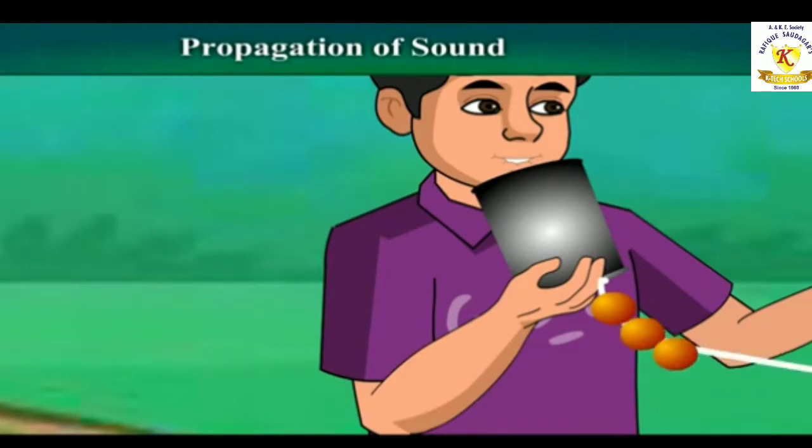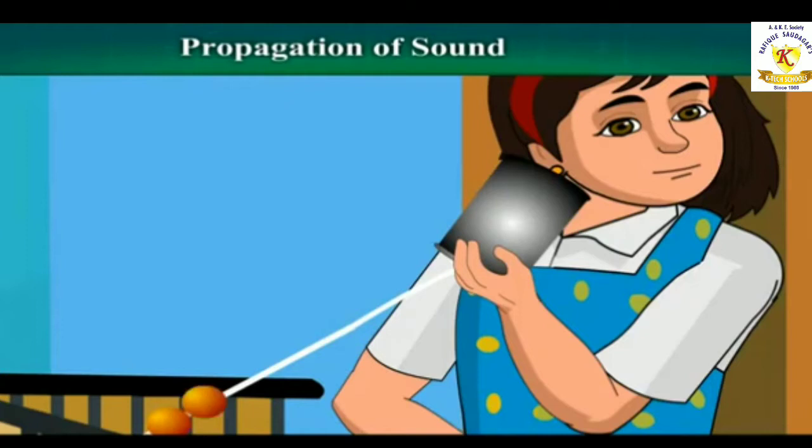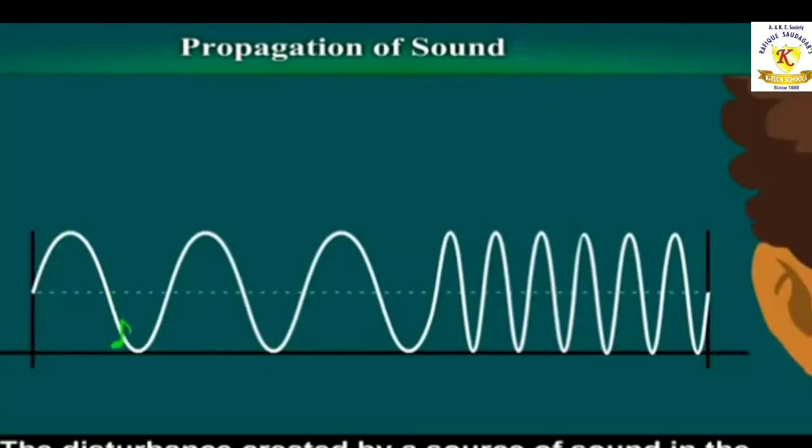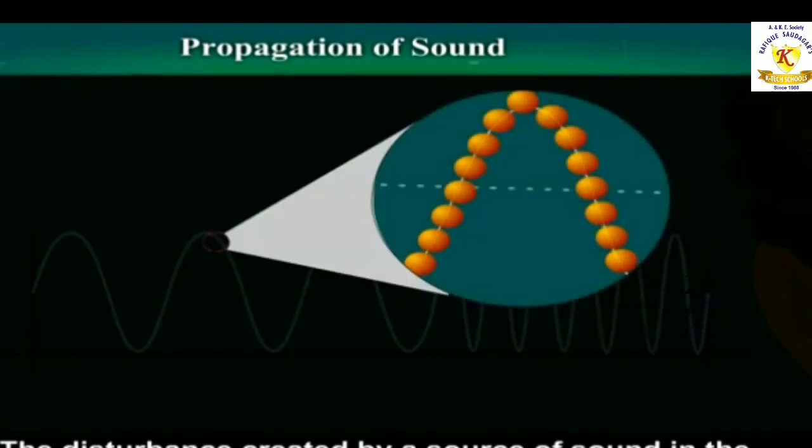This process continues in the medium till the sound reaches your ear. Are you getting me, children? So, the disturbance created by a source of sound in the medium travels through the medium and not the particles of the medium. Understood?